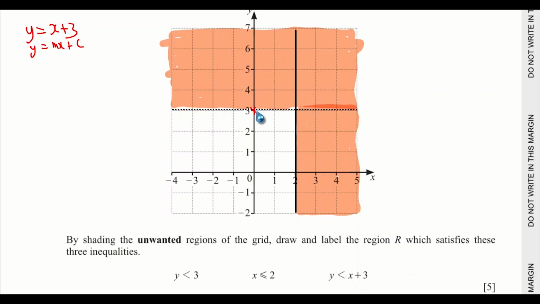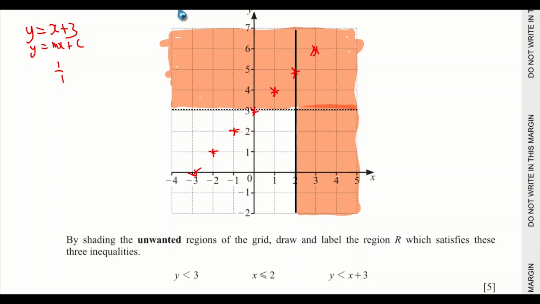So there's a point here, and the gradient is 1 over 1. That is, you jump up once and you run forward once. So this is 1, then 1 here. There will be another point here, and another point here. So it will go like this.